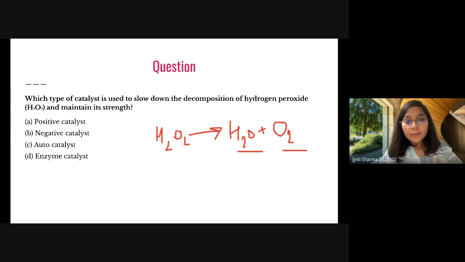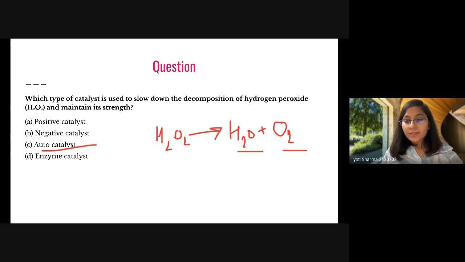Then if we are talking about the autocatalyst, you have the reactant, and that reactant is forming some product, and that product is increasing the rate of reaction. So the product is itself increasing the rate of the reaction, and that's why this is autocatalyst.